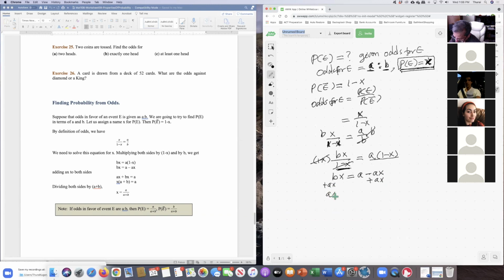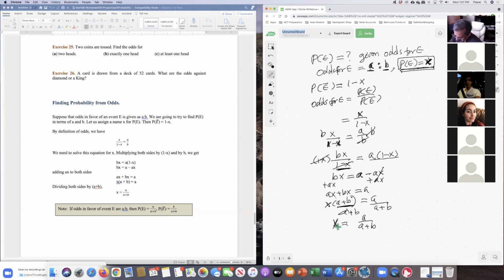So I have AX plus BX equal to A. These two cancel out, so I have A. If I factor out the X from the left side, then I have X times A plus B equal to A. Finally, to solve for X, I just have to divide both sides by A plus B, then X equals A over A plus B.